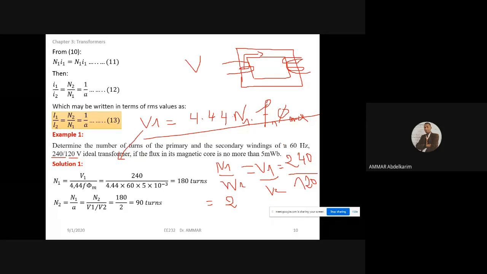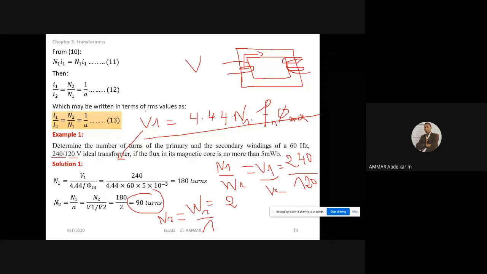So this expression can be valid in one case, when we don't have a load on the real transformer. But this expression is exactly for the ideal transformer. So N1 over N2 equals 2, which means that N2 equals N1 over 2, and it's 90 turns.